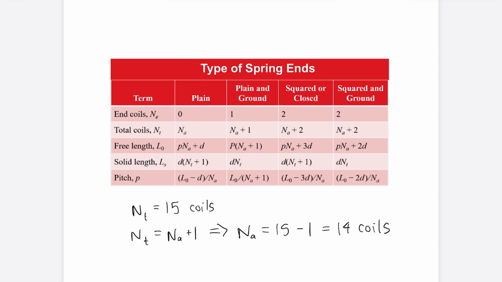My spring ends were just squared, not ground, so that would correspond to this second to last column here. And I want to find the number of active coils from the number of total coils, so I need to use this equation here: number of total coils equals number of active coils plus 2.